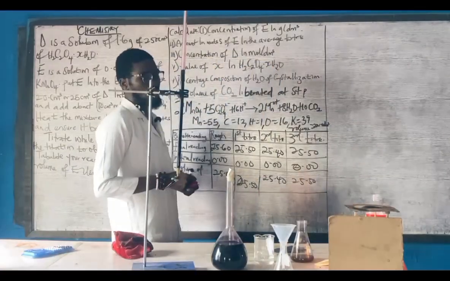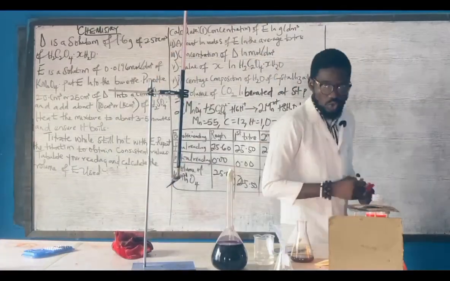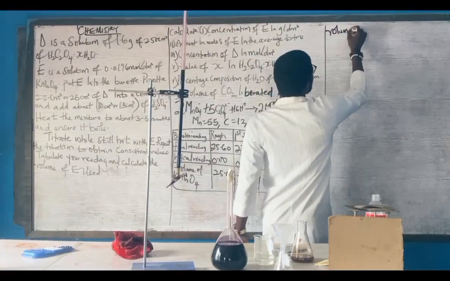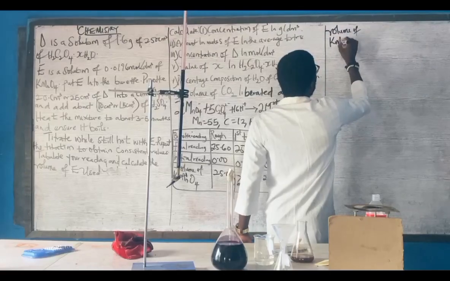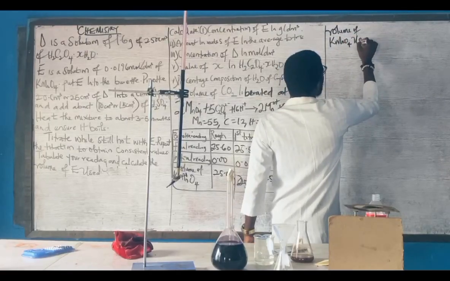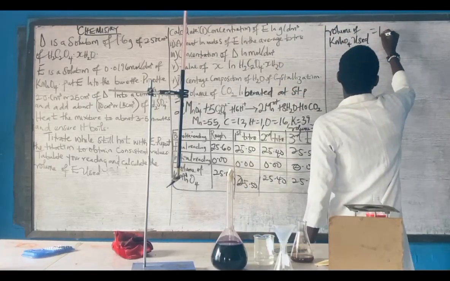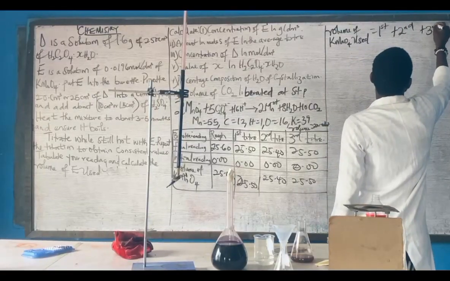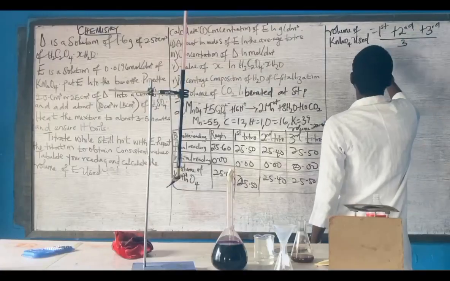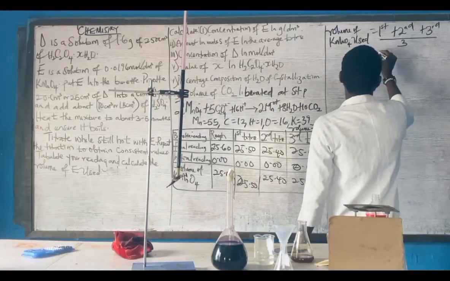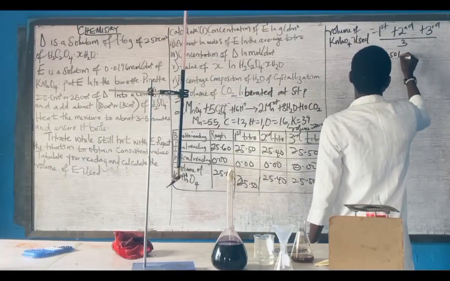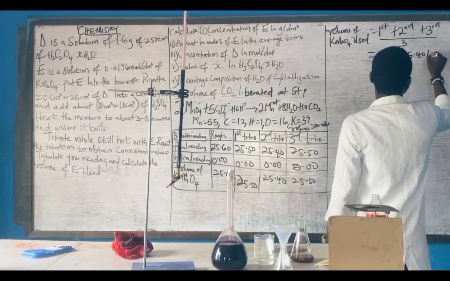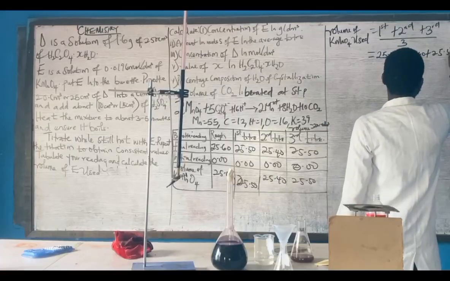The next thing we are going to do is calculate the volume of KMnO4 used. It is the first titer plus the second titer plus the third titer, divided by 3. So based on what we have here, we have 25.50 plus 25.40 plus 25.50.